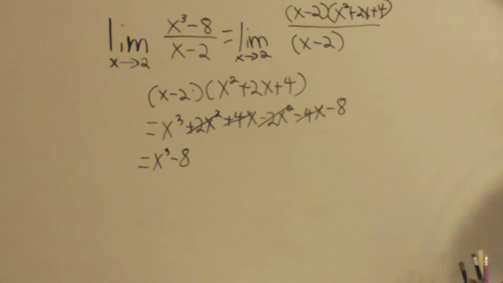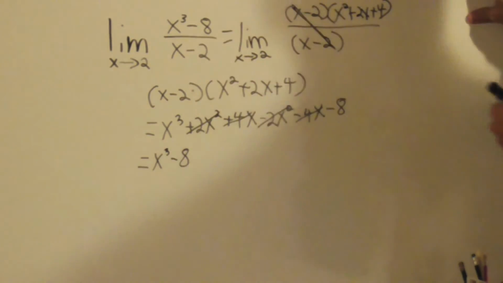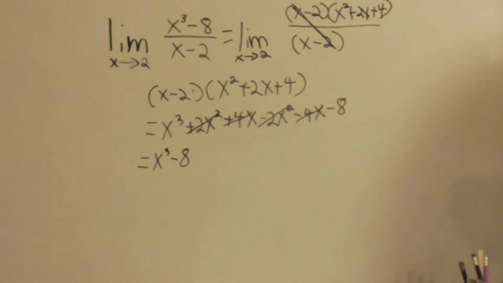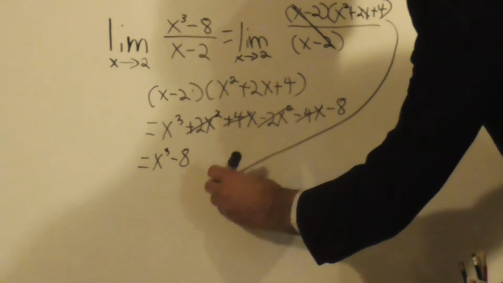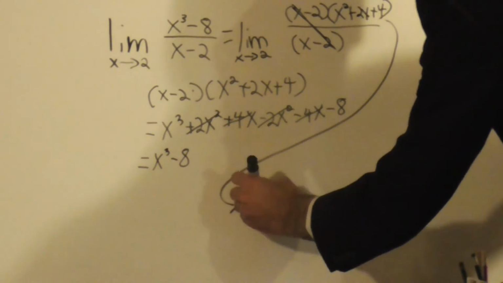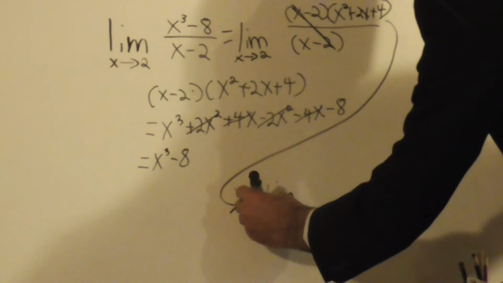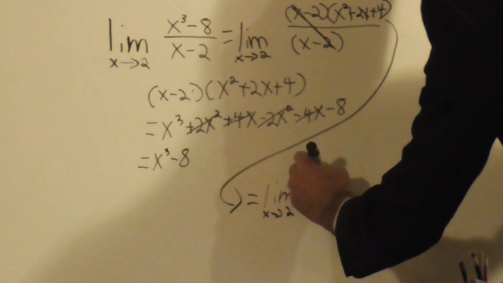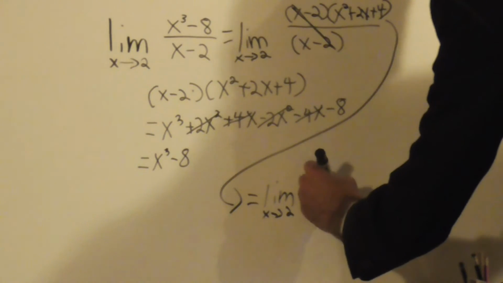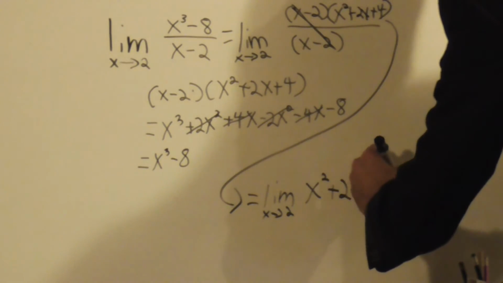So this works. Now what we can do is simply cancel out, as I showed in my last video, the x minus 2 in the numerator and denominator, and then this limit equals the limit as x approaches 2 of our remaining numerator, which was x squared plus 2x plus 4, and as you can see, this is much easier to work with.